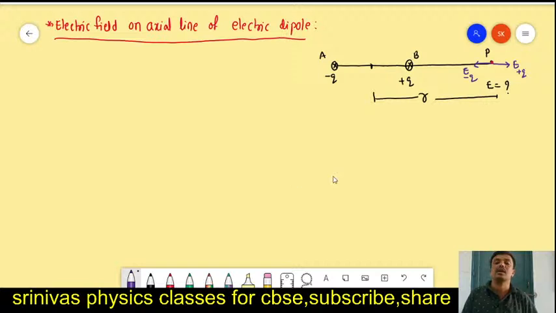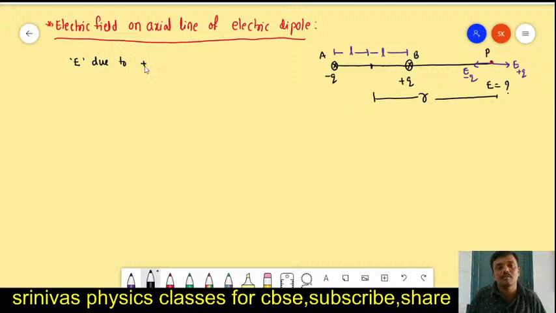How to find the net electric field? This is L and this is also L. First, the electric field due to the plus q charge.